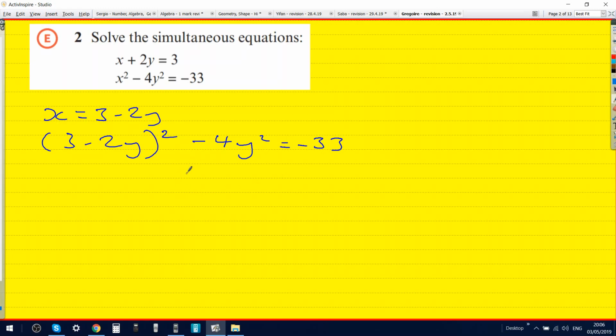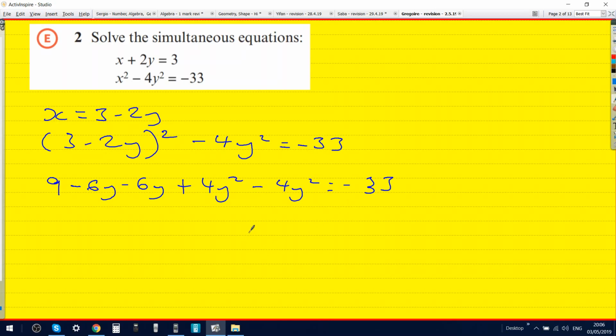And then you expand the bracket, so it becomes 9 minus 6y minus 6y plus 4y squared. Is the last part correct? Yep.